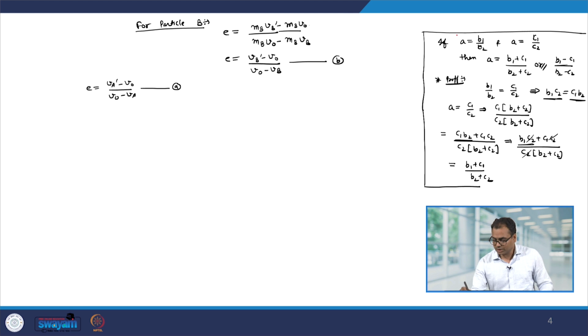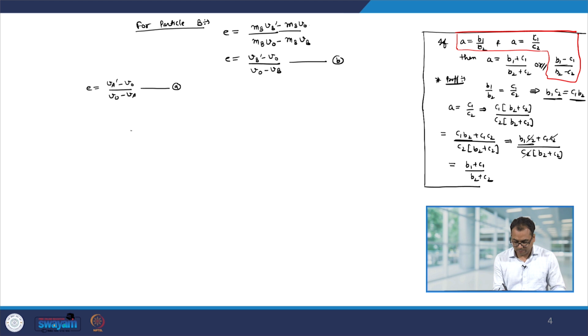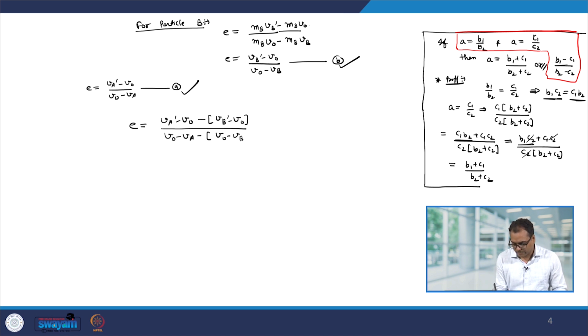So, therefore, let us use this identity, and therefore, E can be written as, because E is this and E is that, E will be (V_A' minus V_0) minus (V_B' minus V_0) over (V_0 minus V_A) minus (V_0 minus V_B), and this V_0 will get cancelled with that and this V_0 will get cancelled with this. So, we get rid of V_0, we get E is equal to (V_B' minus V_A') over (V_A minus V_B).